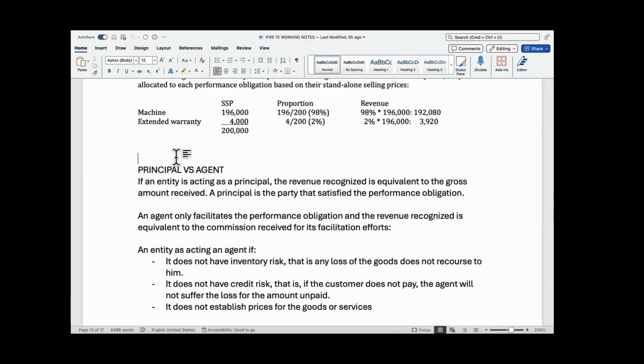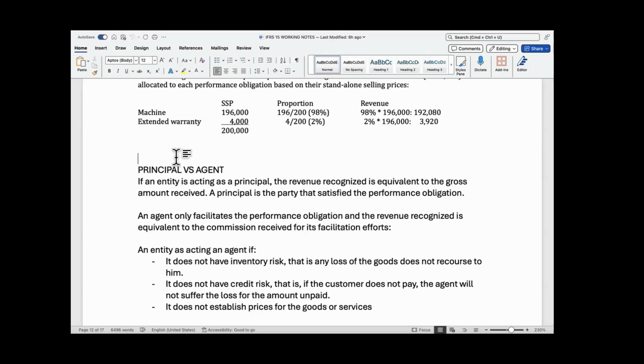But if you are acting as an agent, you are only facilitating the sales. Probably you are providing a technological platform, or you have the connection or the marketing that can link the company to the customer. You are just a middleman.